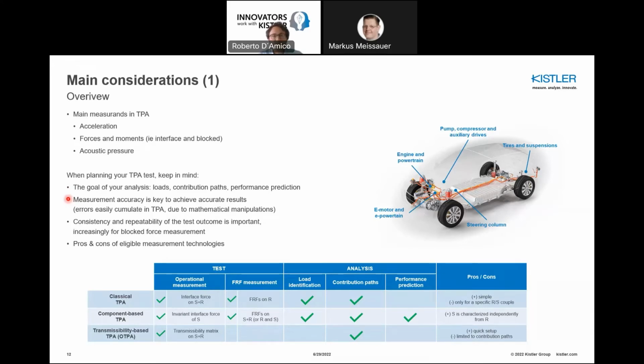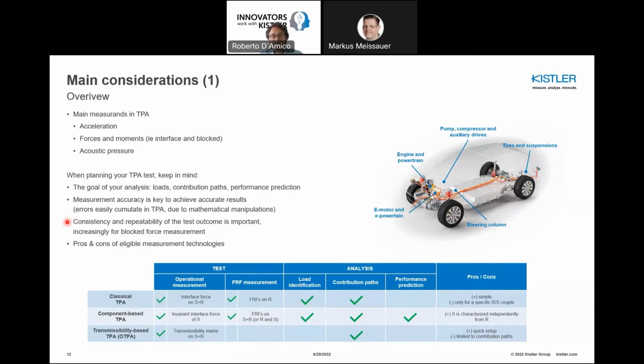So keep that always in mind, that accuracy is important when you're choosing the tools with which you want to measure. There are many cases in which consistency and repeatability is important. As I mentioned, component-based TPA gives you the chance to change, for example, the source, testing different types of sources. Therefore, you want to maintain a certain consistency and repeatability in the way you measure.